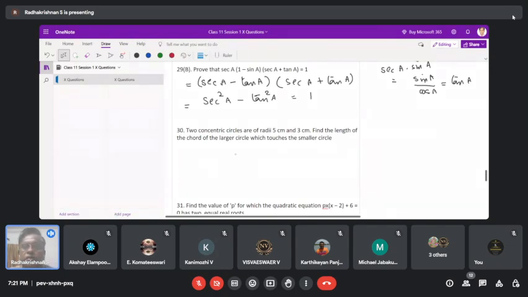Two concentric circles are of radii 5 centimeter and 3 centimeter. Find the length of the chord of the larger circle which touches the smaller circle. Let's draw two concentric circles, meaning having the same center.